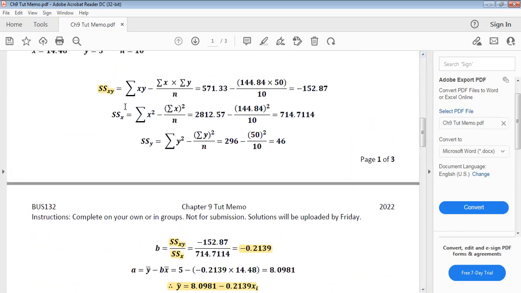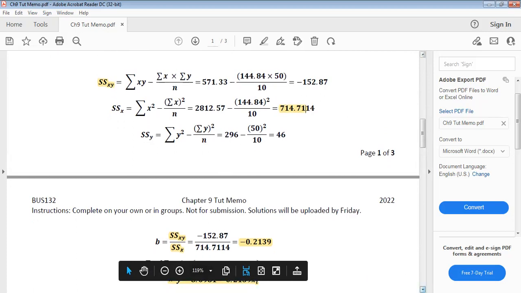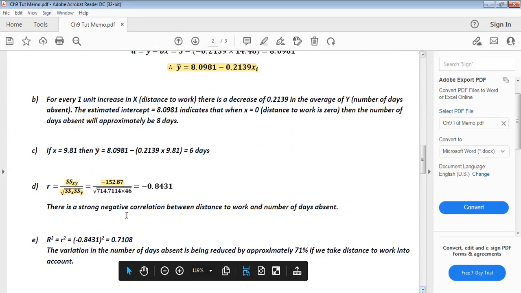The sum of squares of x was 714.7114, and the sum of squares of y was 46. So it's just a matter of multiplying these two here, okay, and you find your answer.